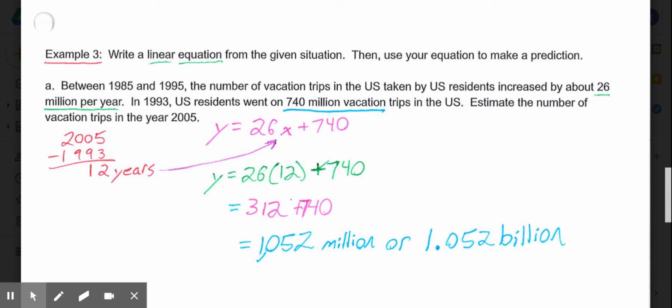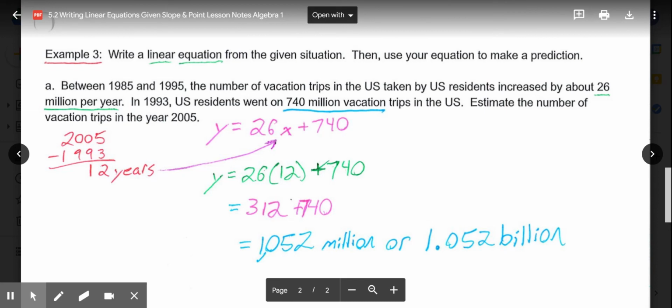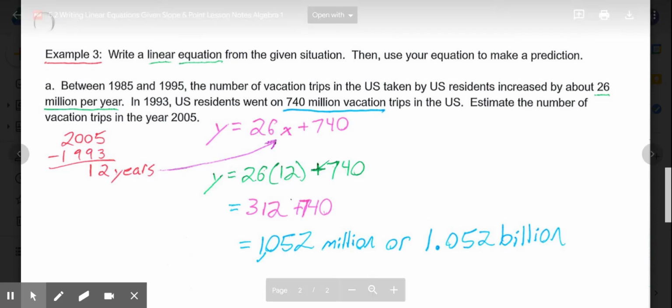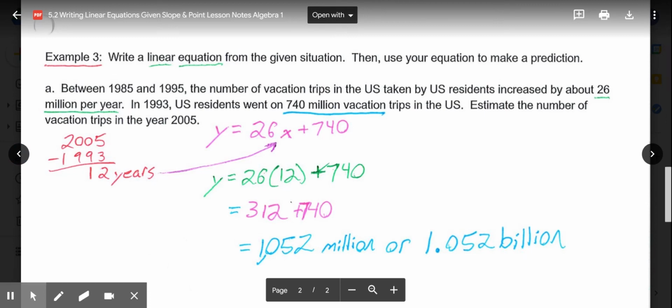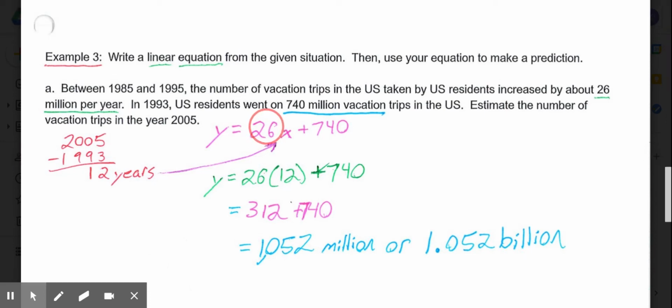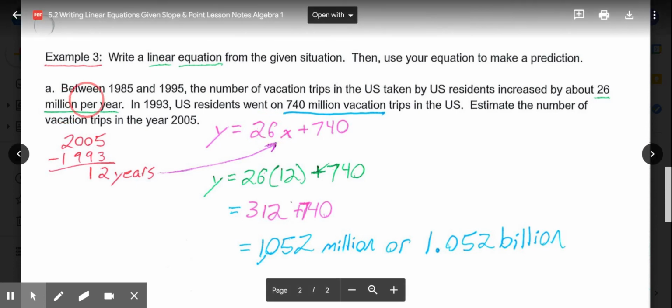So what we know here is we have 26 million per year. So with that, we're going to write that as 26x, because we know the million per year is our rate, so that would be our slope.